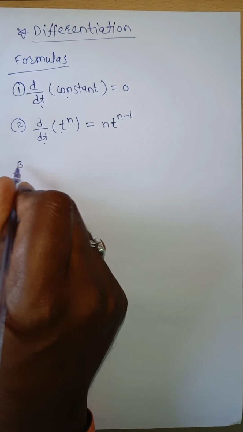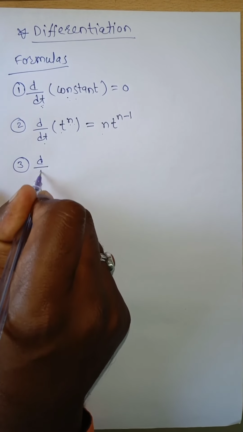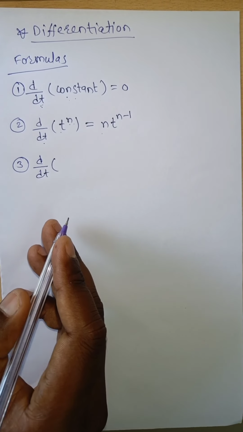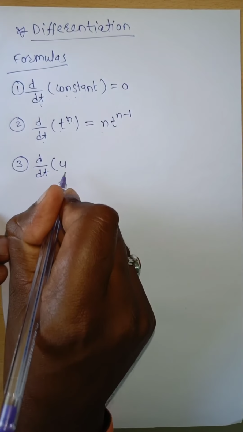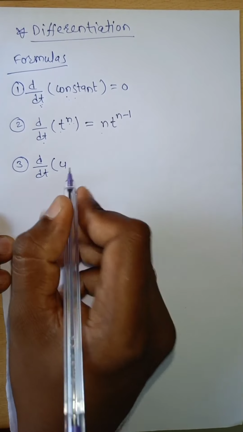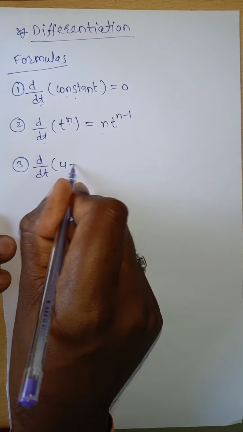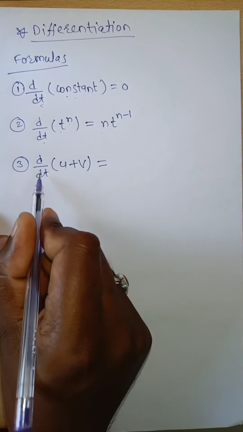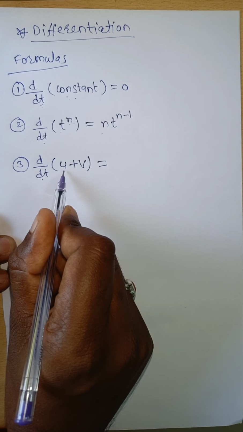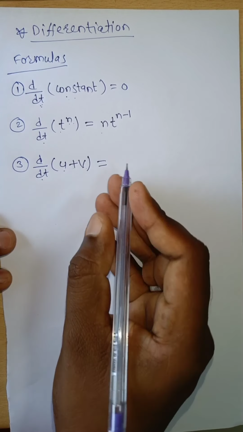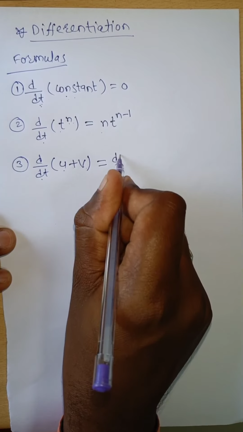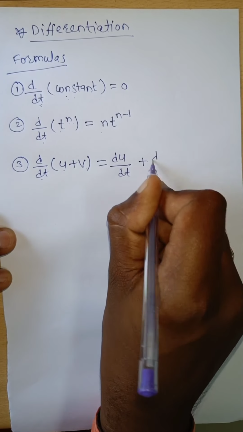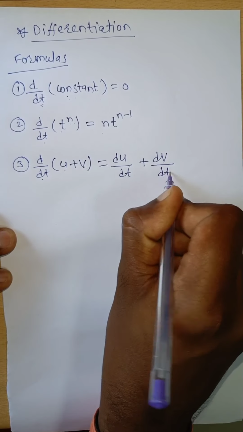Now the third formula: if two functions are there, the first function is u and the second function is v, then d by dt of u plus v is equal to the differentiation of the first function plus the differentiation of the second function, that is du by dt plus dv by dt.